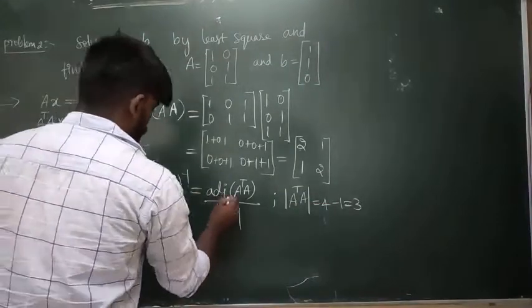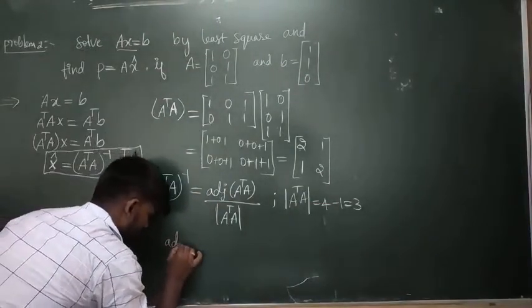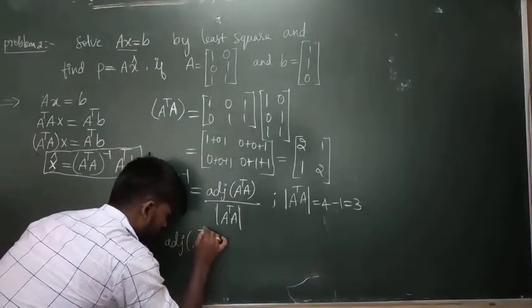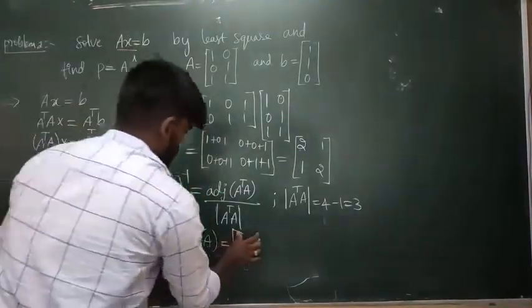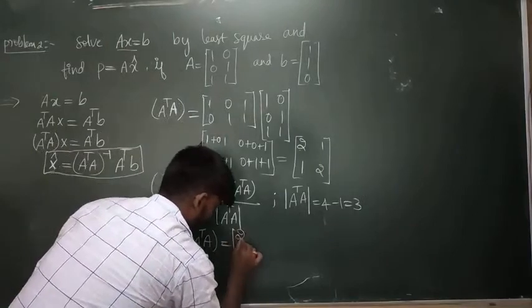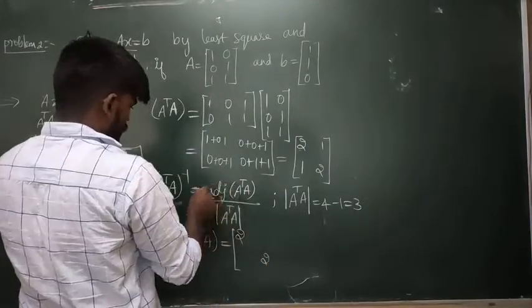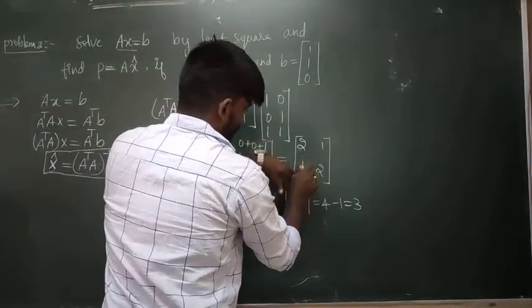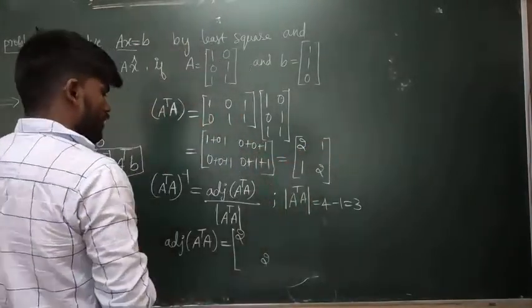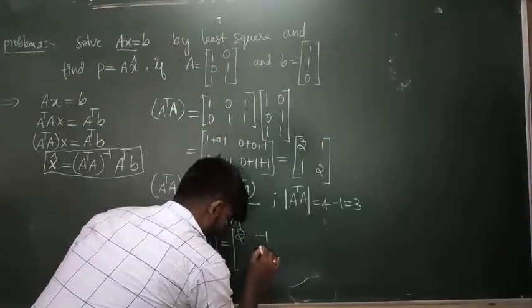The adjoint of A transpose A: the diagonal elements stay the same, 2 and 2, and the elements above and below the diagonal are kept in place with their signs changed, to minus 1.